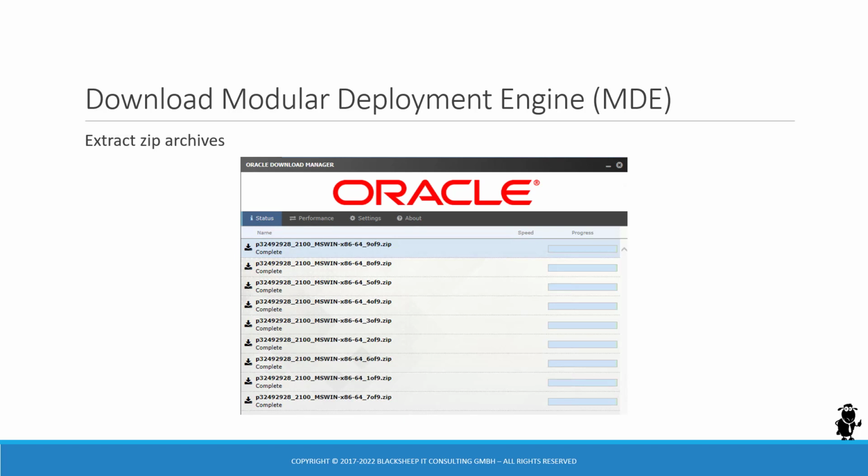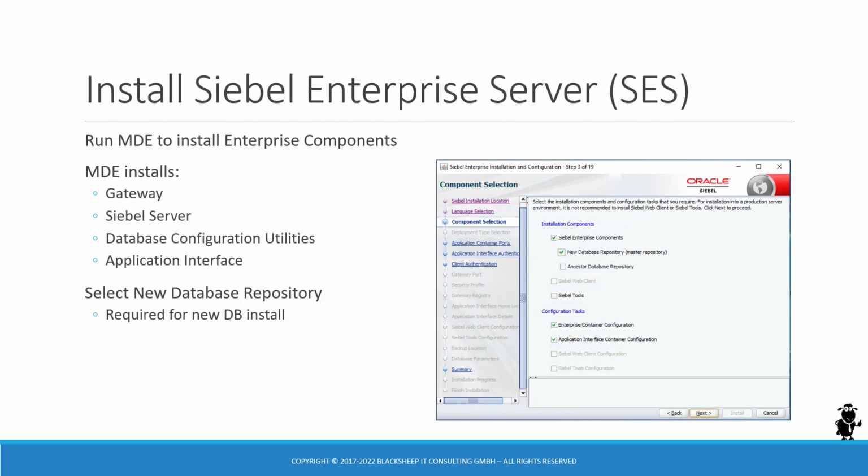The first of those zip files contains the table of contents for the other zip files. Depending on your needs, you do not need to extract all of these files, so pay attention to the documentation here. Once you have extracted the necessary zip files, you can run the installer, and please make sure to watch the demonstration video to see that in action.